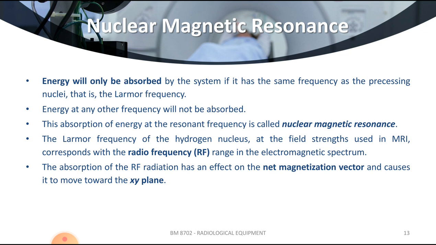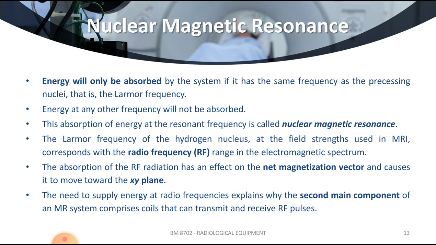The absorption of the RF radiation has a net effect on the net magnetization vector. We talked about three planes, right? X, Y and Z planes, and we talk about the net magnetization in different planes, right? That absorption will make the atom move to the XY plane. That is why the radio frequency coils and the generation of RF pulse is like the second main component in an MR system.